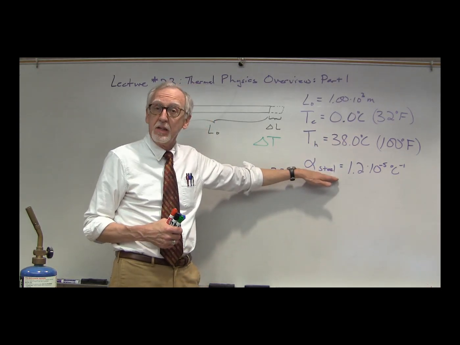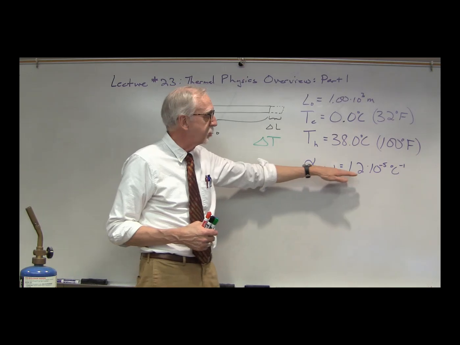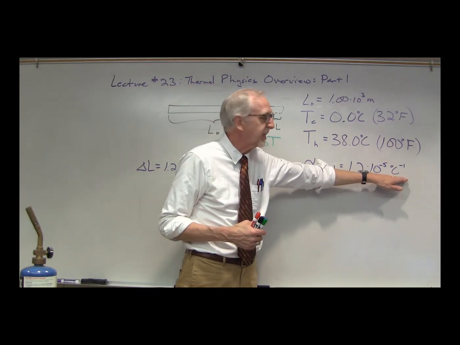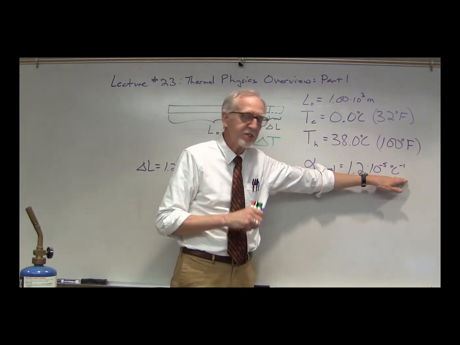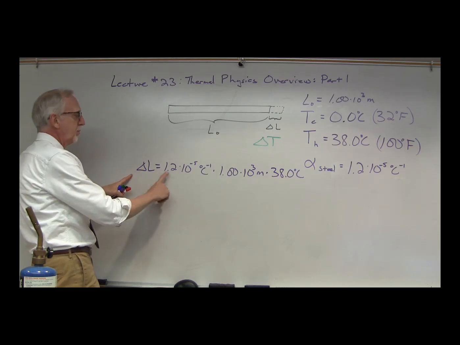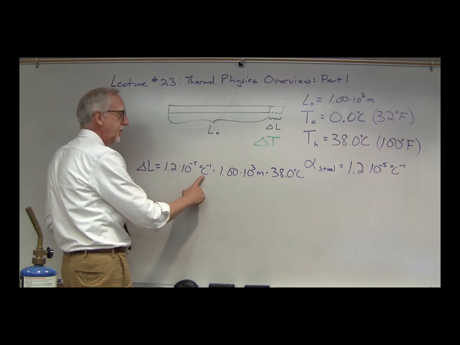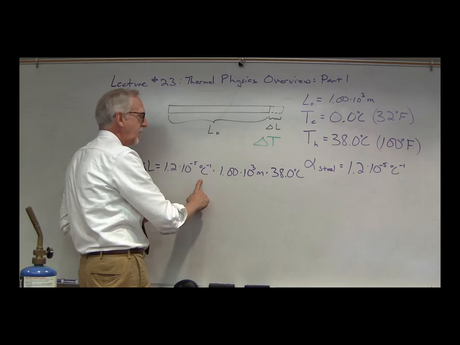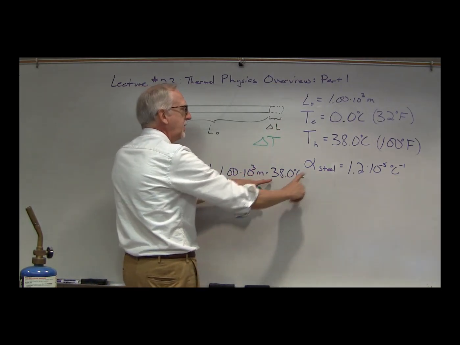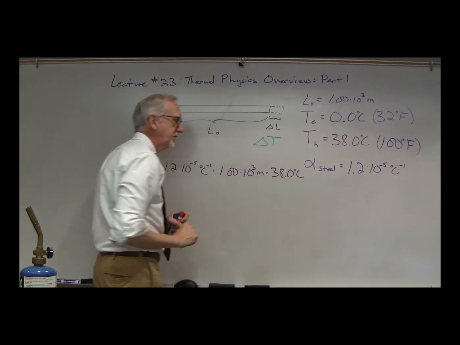The linear expansion coefficient for steel is 1.2 times 10 to the minus 5 inverse degrees Celsius. We'll see how those units work out in just a second. So what's the increase in length? Well, delta L will be 1.2 times 10 to the minus 5th inverse degrees Celsius, alpha. L naught, 1 times 10 to the 3 meters. Delta T, 38 minus 0, 38 degrees centigrade.